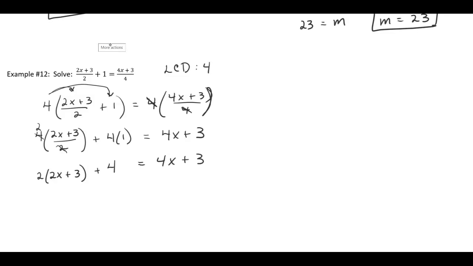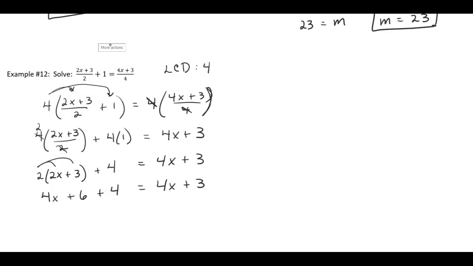Okay, now the fractions are gone. Yay. And I have a little distributing, though, to do, but from here we follow the same steps that we've been doing. So 2 times 2x and 2 times 3. So 4x plus 6 plus 4 equals 4x plus 3.